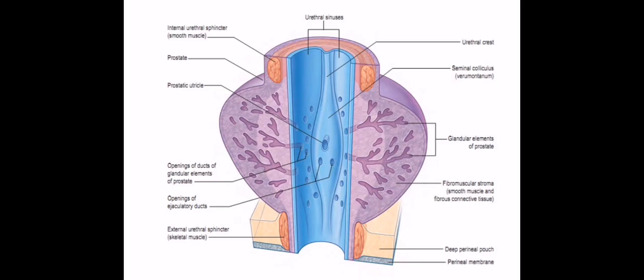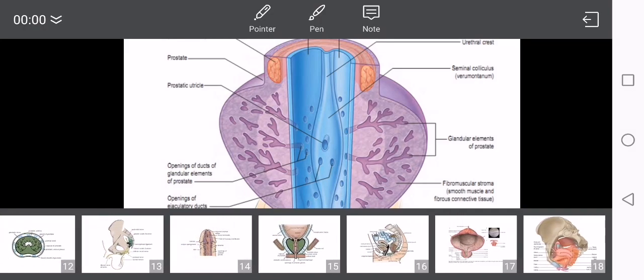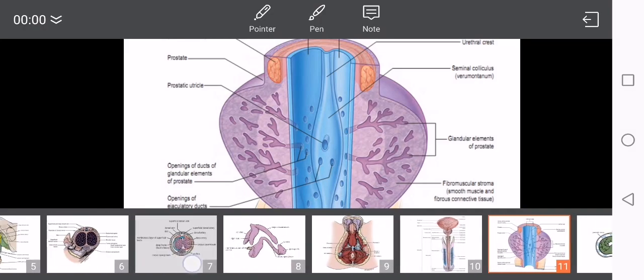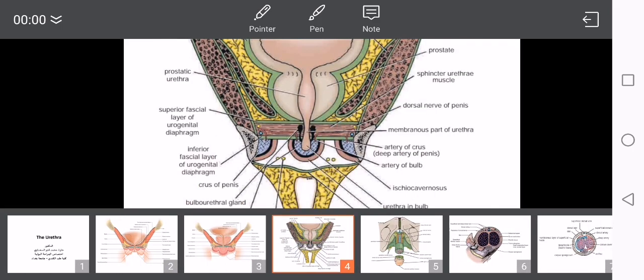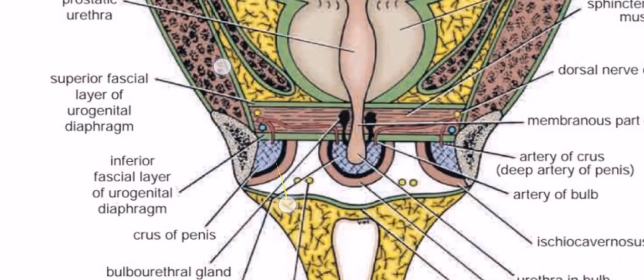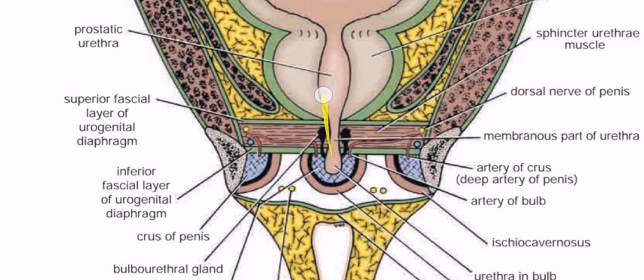The last part of the posterior urethra is the membranous urethra. It is the least distensible part of the urethra. هذه هي membranous urethra.